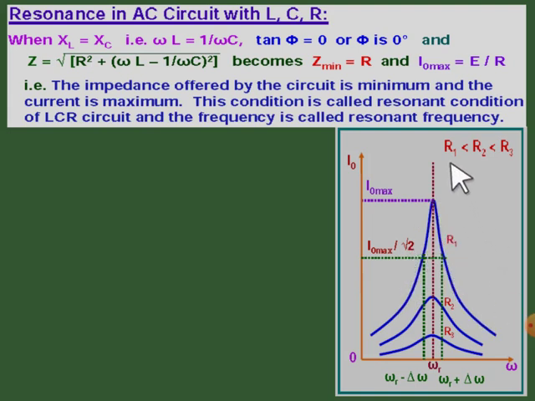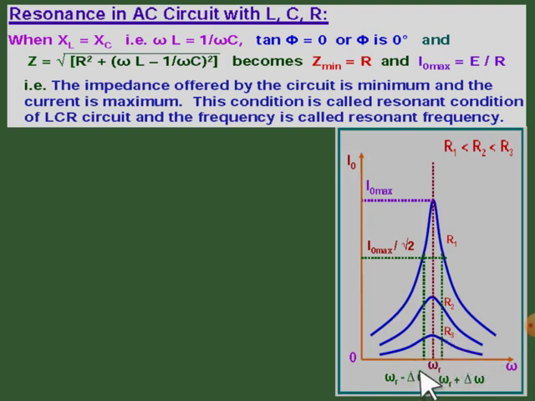When the resistance of the resistor is less, the peak will be very high. If the resistance increases, the peak decreases. If resistance increases again, the peak decreases still further.